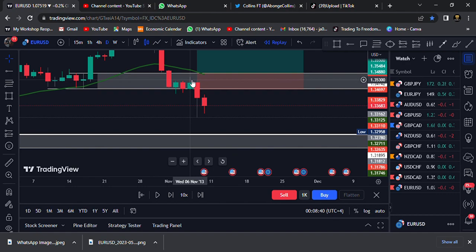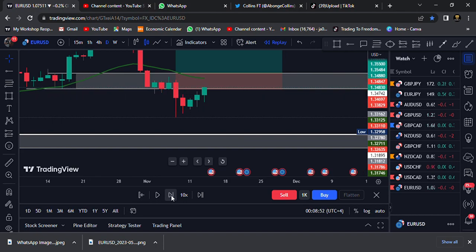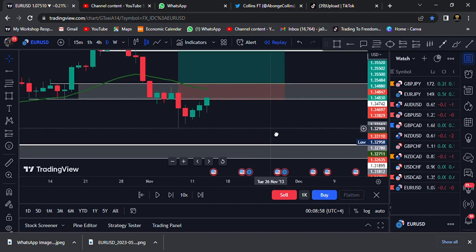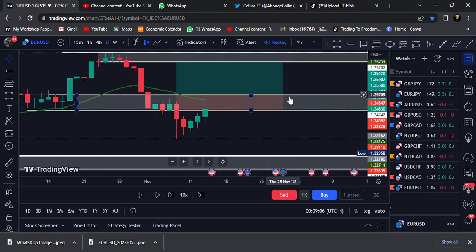Actually this was a good sell signal at the end of the day, but I didn't enter because I didn't see it as a good one. So this is a buy signal, not a buy confirmation. We are still looking for a confirmation. If we find a confirmation now, we can be thinking of buying. But these days we still have our buy stops running here.